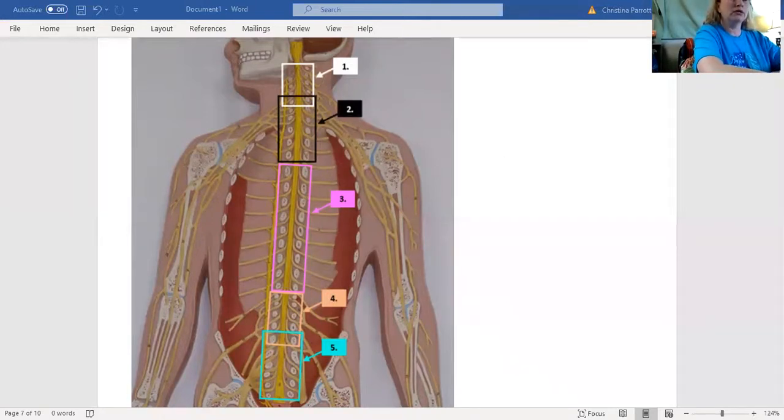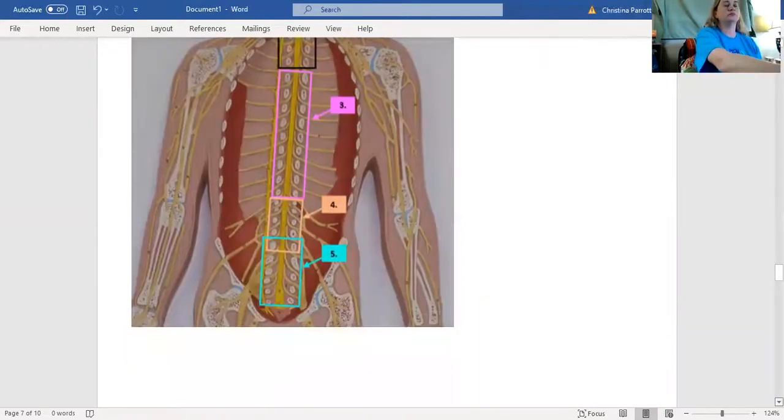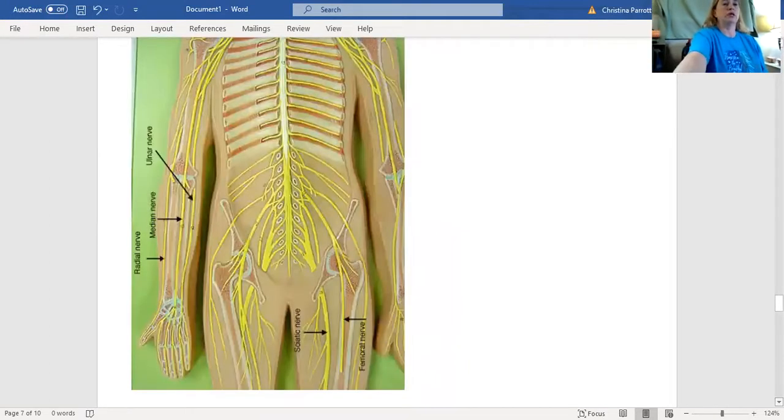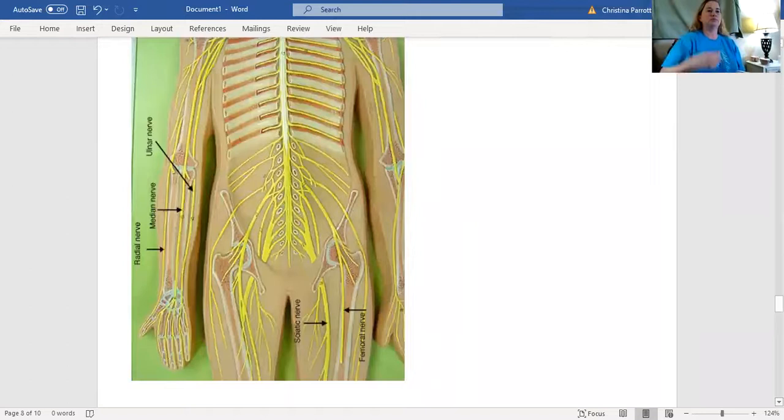Okay, let's go down to our next image. In this image here, we're seeing some more nerves that you're responsible for identifying on the practical. On the arm, towards the thumb side, remember your thumb rotates. So this is going to be your radius bone towards the thumb side.